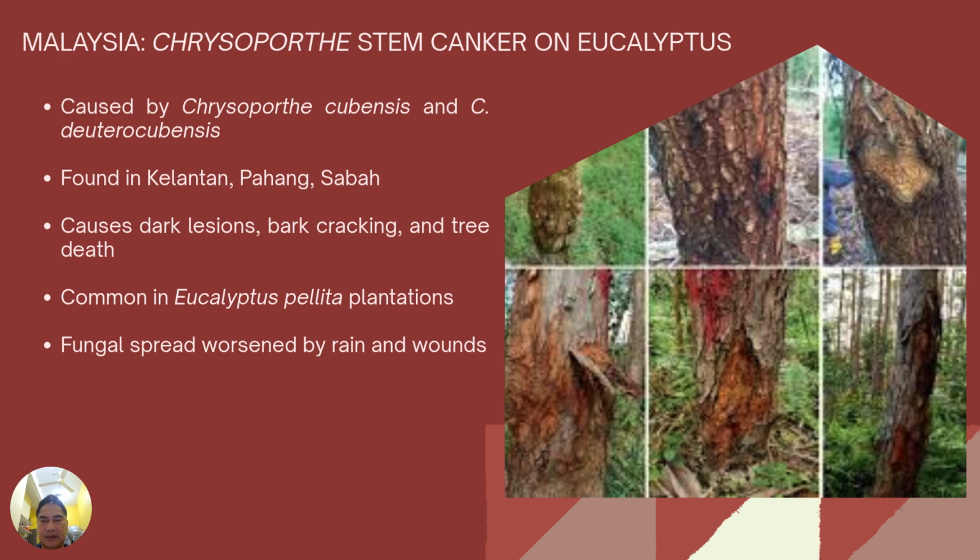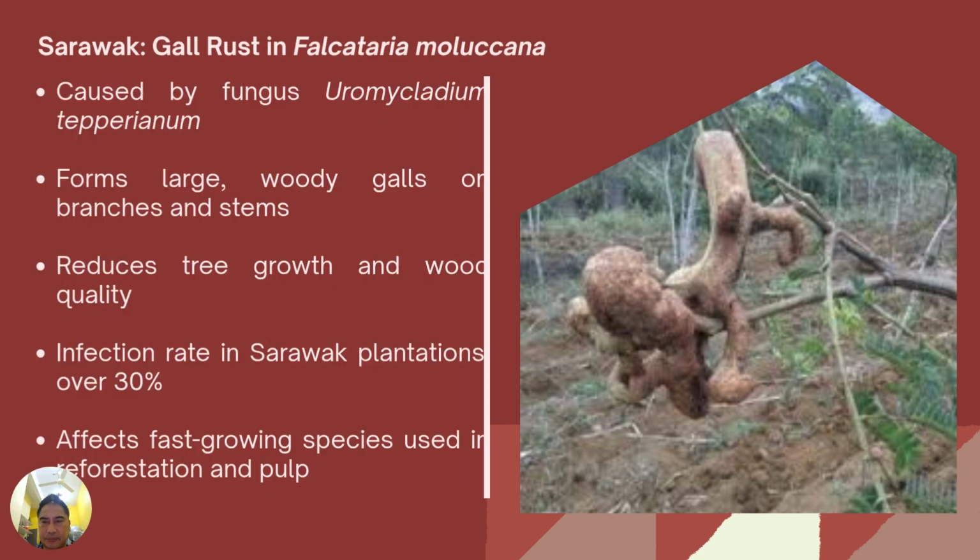You will see dark sunken lesions on the bark, and over time, the bark can crack and fall off. It's been reported in states like Kelantan, Pahang, and Sabah. What makes it worse is that the spores spread easily in rainy weather, and they enter through wounds in the tree, like from pruning or insects. If left untreated, it can eventually kill the tree.